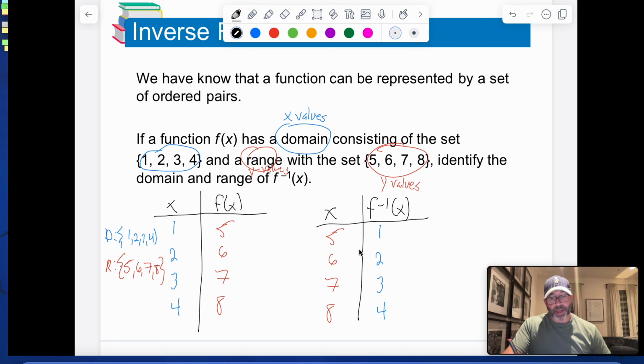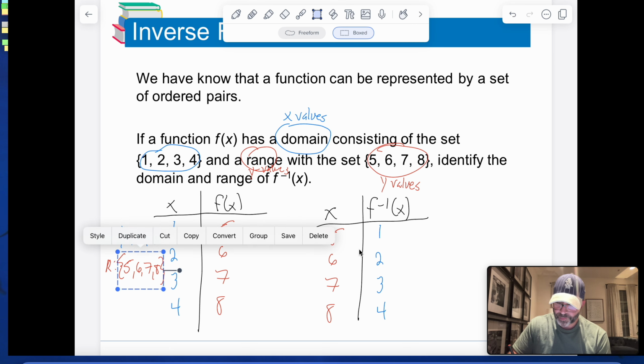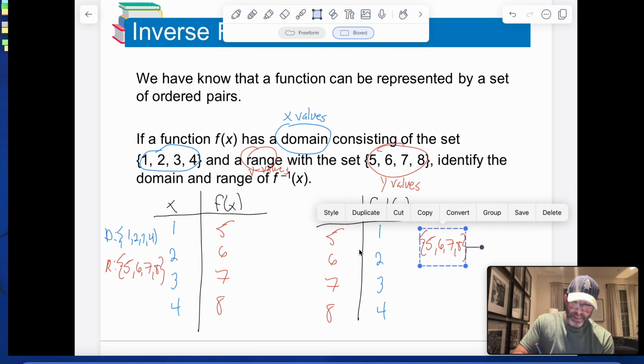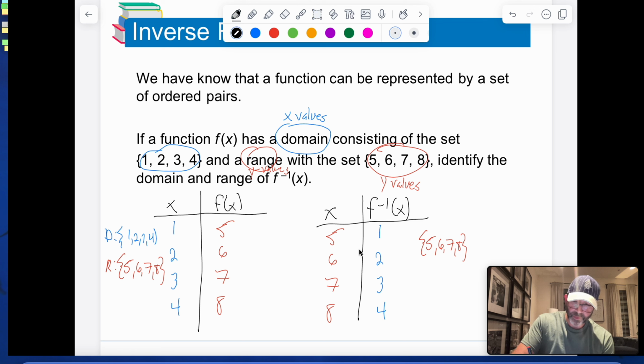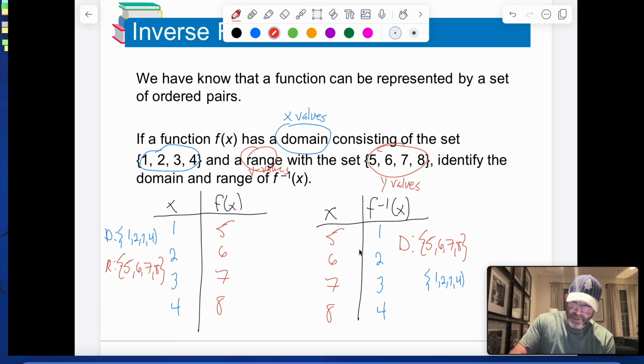You can see that what ends up happening is the domain and the range just go ahead and swap places. That now this value right here, we're going to duplicate that, is my domain. You can see that's my domain now. And the range, let's go ahead and copy that, is over here now, and that's now our range. So that you can see that they actually swapped places. Okay, this is how we find the inverse. You take the x and y and just swap them.